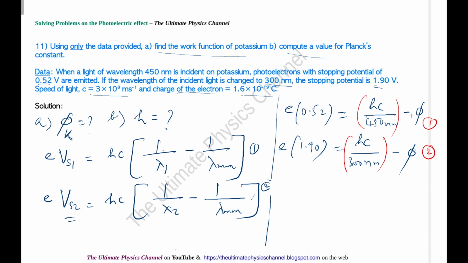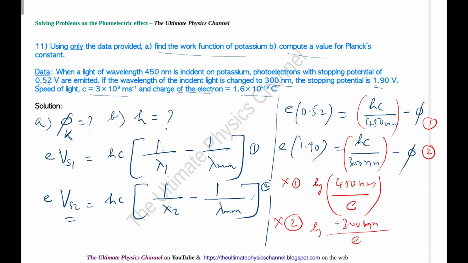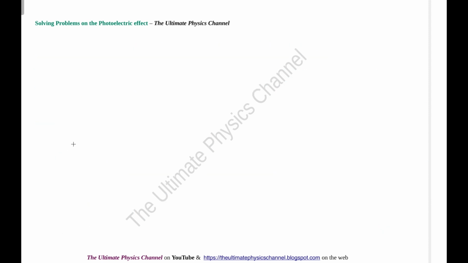What we can do is, with these two equations, we multiply the first equation by 450 nanometers over E, because we have a 450 in the denominator and E in the numerator, so we can get rid of those. And we multiply the second equation by 300 nanometers over E. After these multiplications, on the left side we have 0.52 times 450 nanometers, as E gets cancelled.